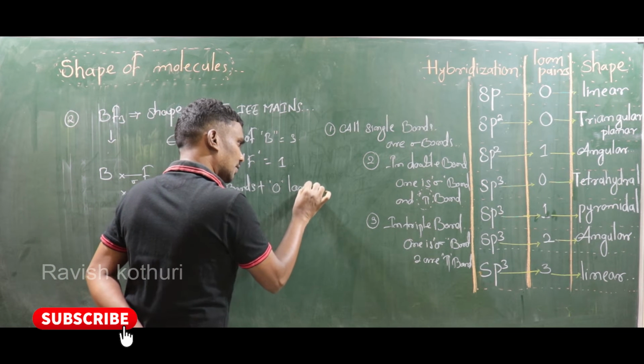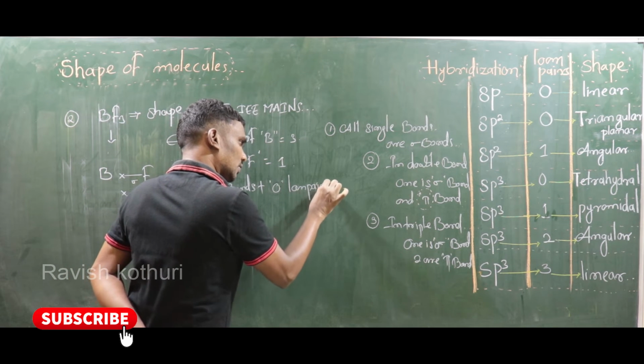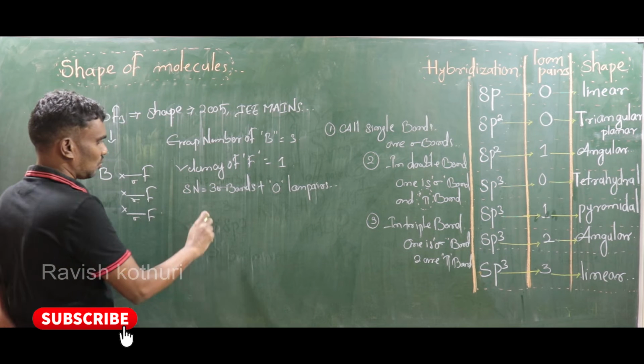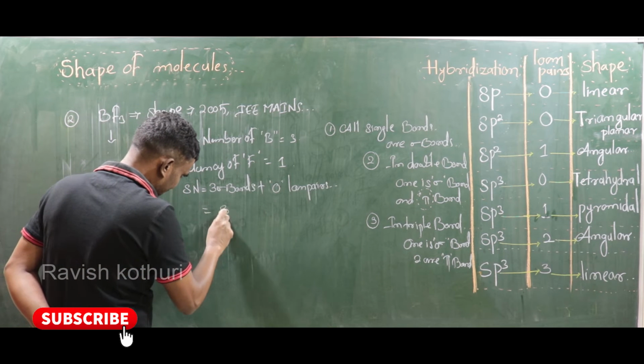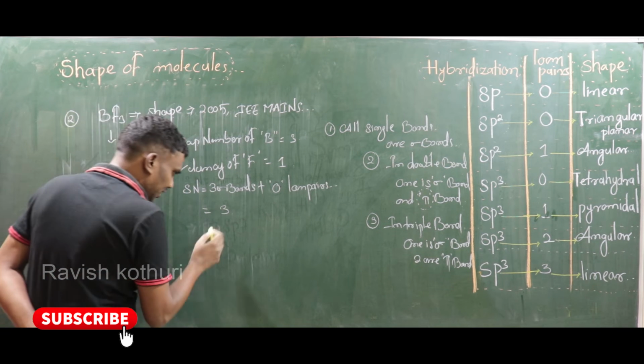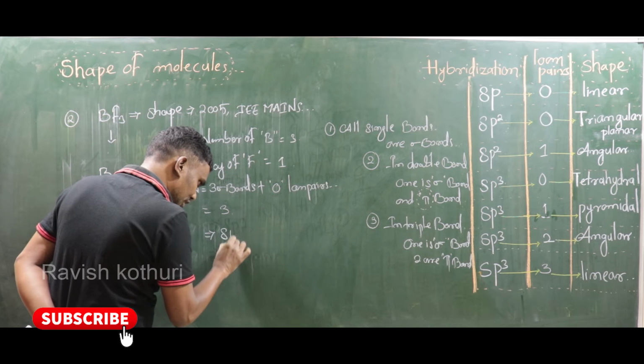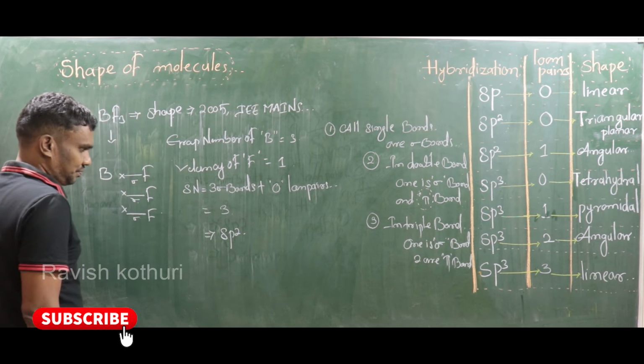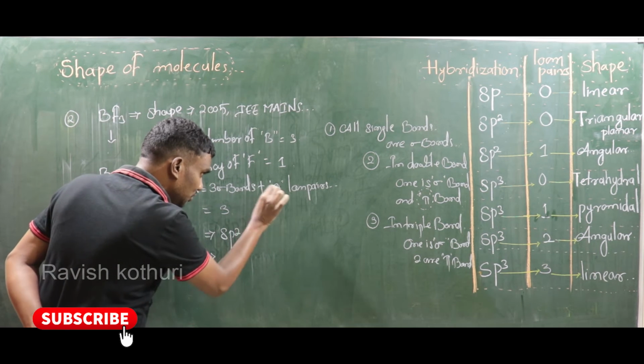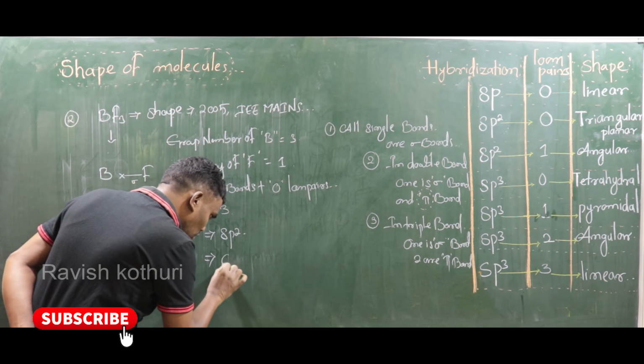So 3 plus 0, that is 3. Steric number is 3. What is hybridization? Sp2 hybridization. What about lone pairs? 0 lone pairs.